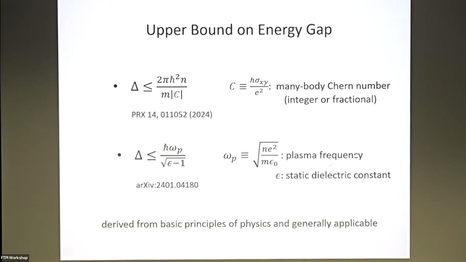This gap is basically the plasma frequency defined by the density and the mass, divided by the square root of epsilon minus 1, where epsilon is the static dielectric constant. These are the main results, and I'm going to explain how they are obtained from very general principles of physics. Therefore, these results are applicable, in the first case, to all two-dimensional insulators, and in the second case, to all three-dimensional insulating states.